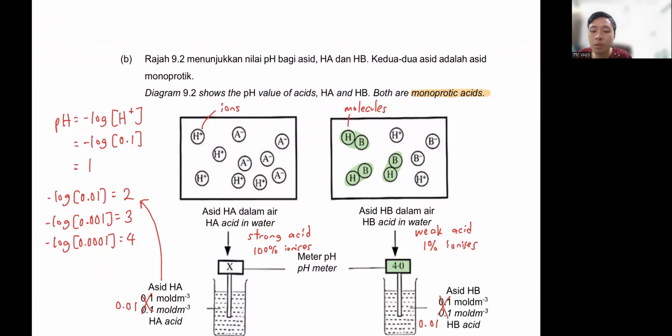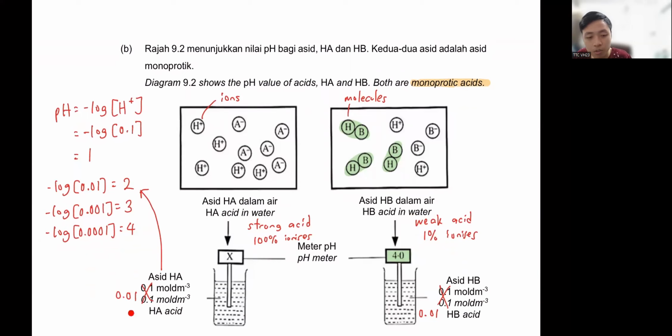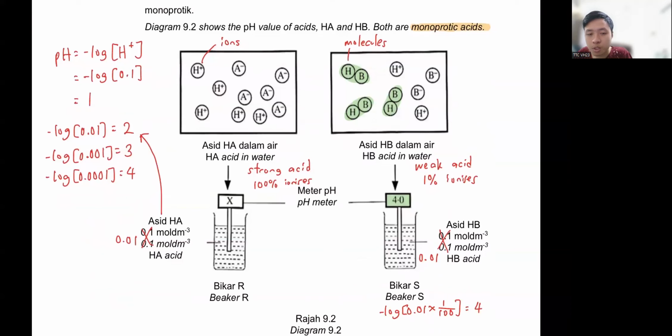Here the given value, you have to change the question value to 0.01, because I think the question is not accurate. They give pH 4, which makes sense because it is a weak acid. For a weak acid, normally the pH value is higher. They ask to predict this, how much.